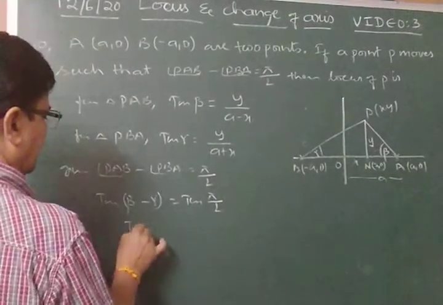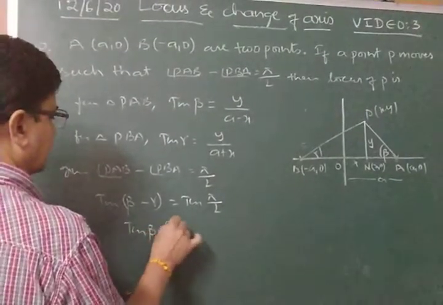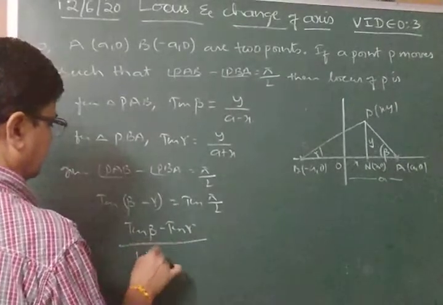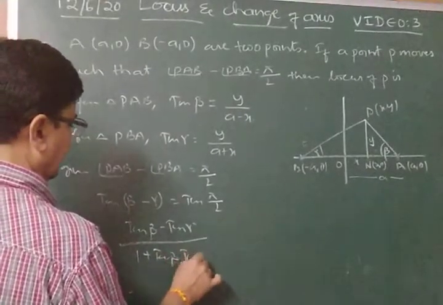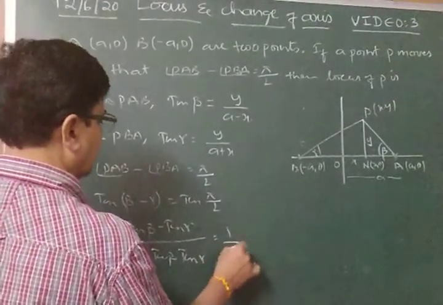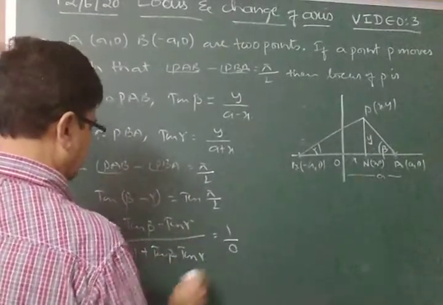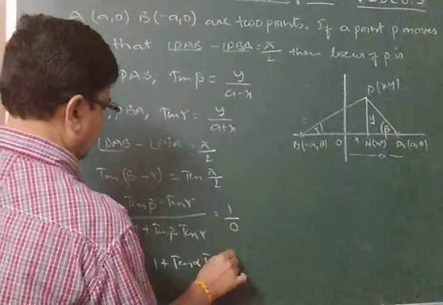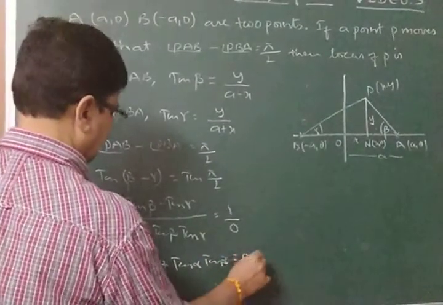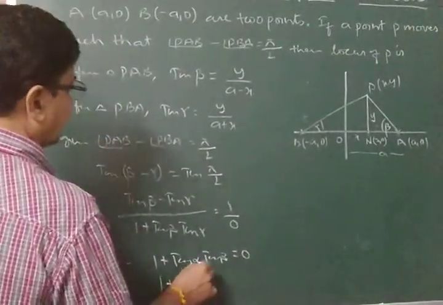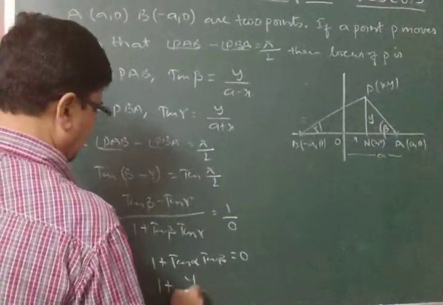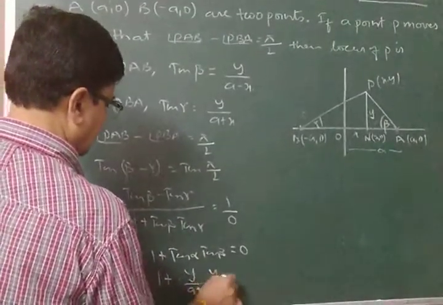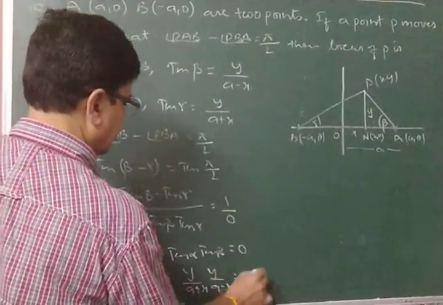So (tan beta minus tan gamma) by (1 plus tan beta tan gamma) is equal to 1 by 0. Applying cross multiplication, 1 plus tan beta into tan gamma is equal to 0. So this is 1 plus y by (a plus x) into y by (a minus x) is equal to 0.